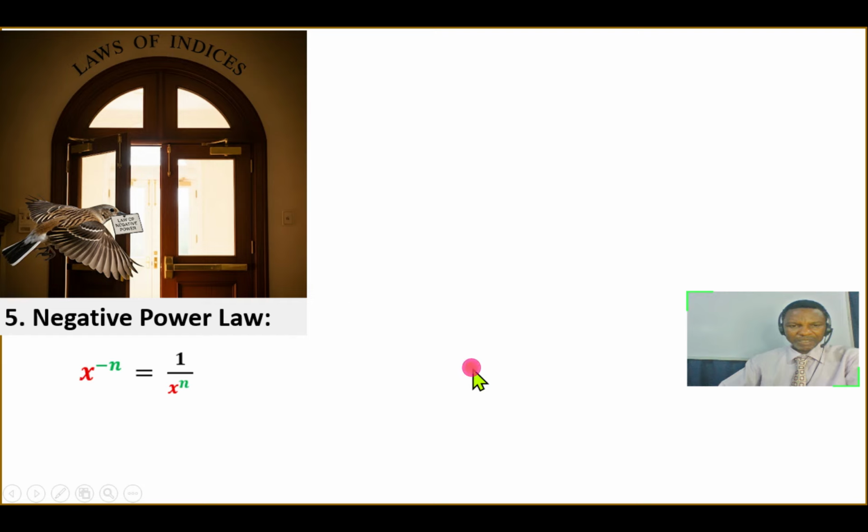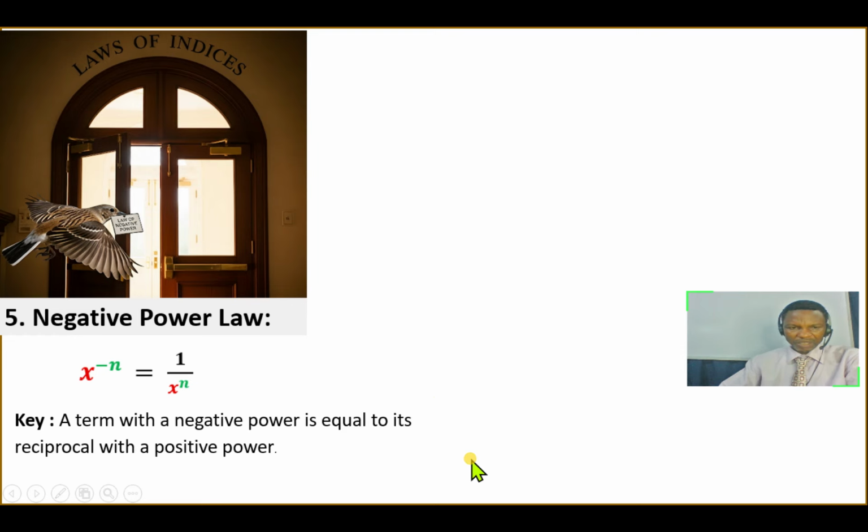So the negative power law: you have s raised to the power negative n, that will be 1 all over s raised to the power n. A term with a negative power is equal to its reciprocal with a positive power.